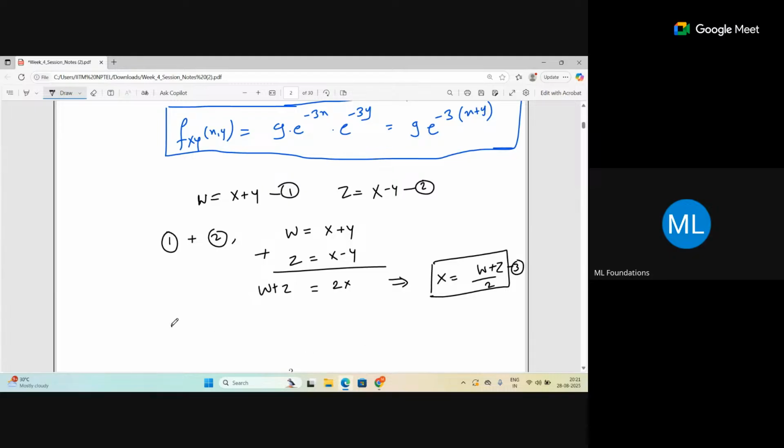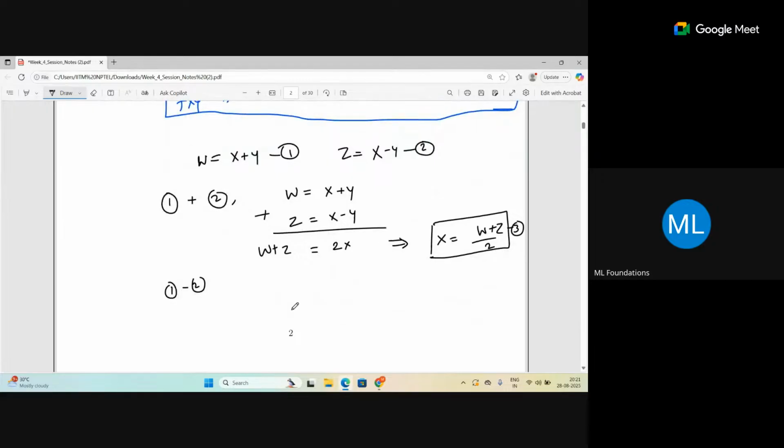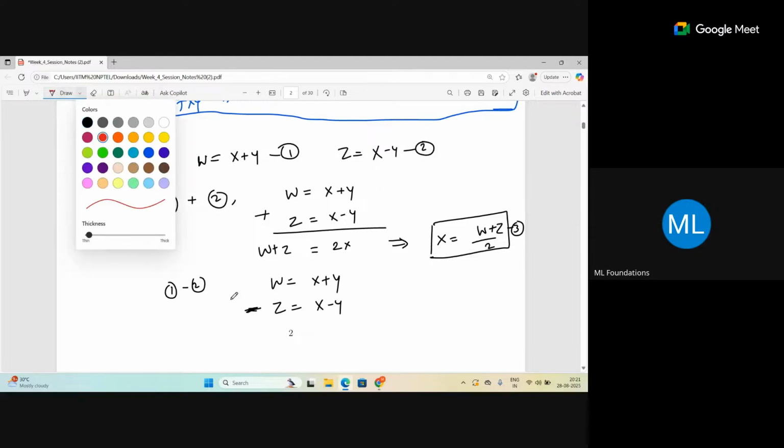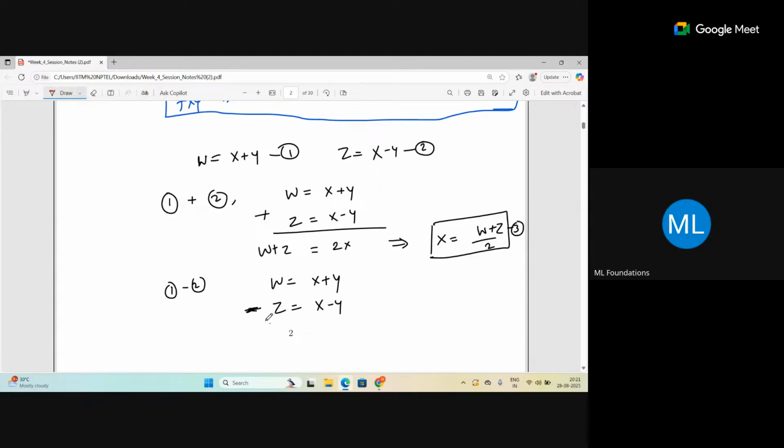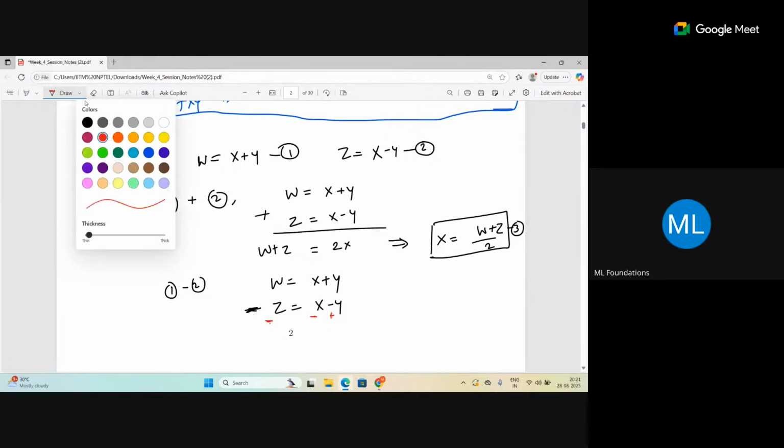And if I subtract equation 2 from equation 1, what will happen? w minus z equals x plus y minus x minus y. The signs will change: this becomes minus, this becomes minus, this becomes plus.